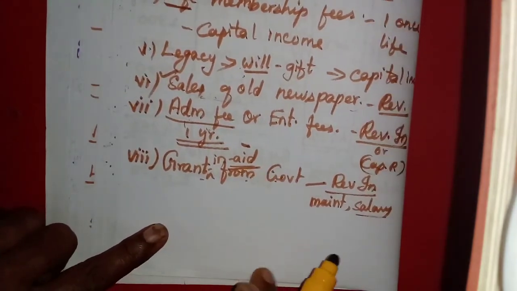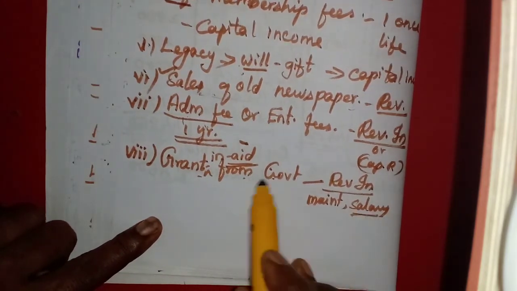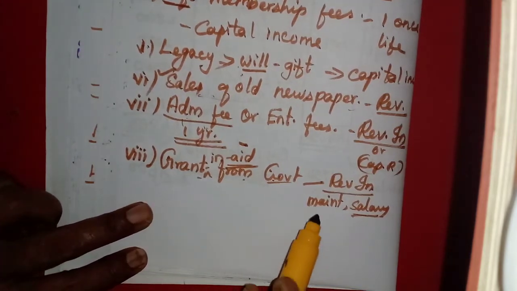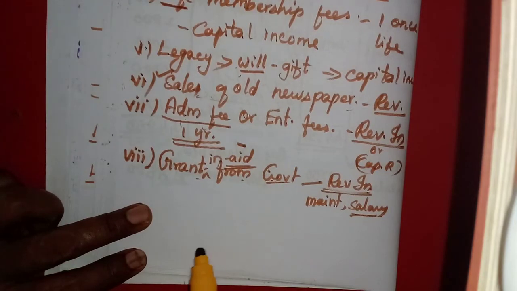There they may not collect more fees because the salary will be given by the government. So every month they receive, so that time that grant is revenue income.